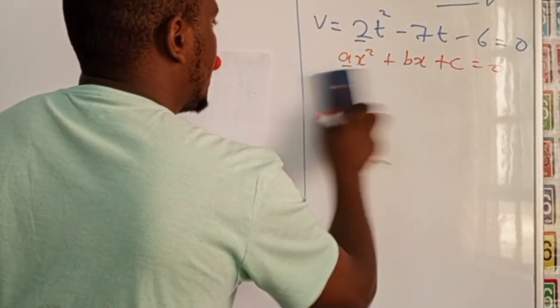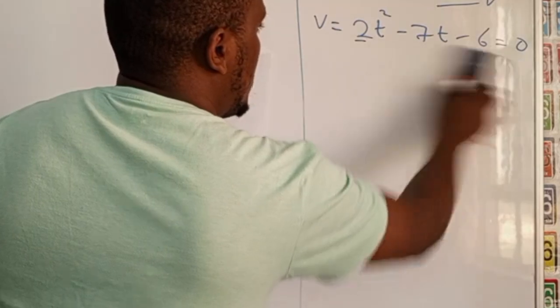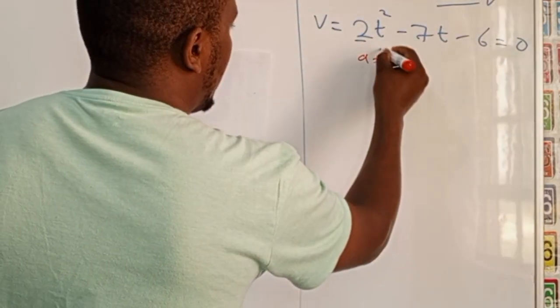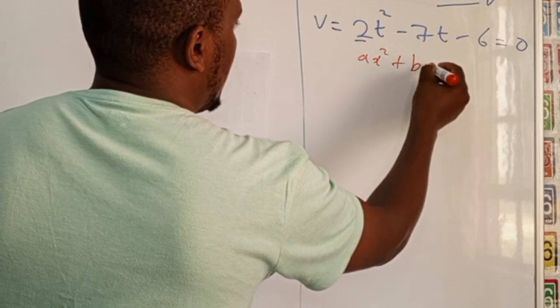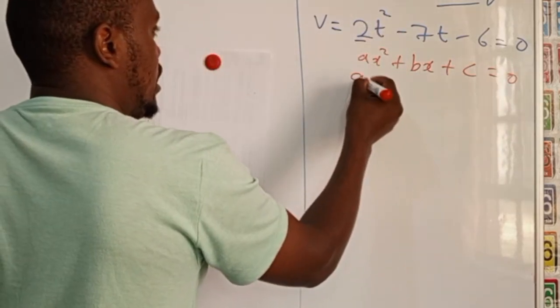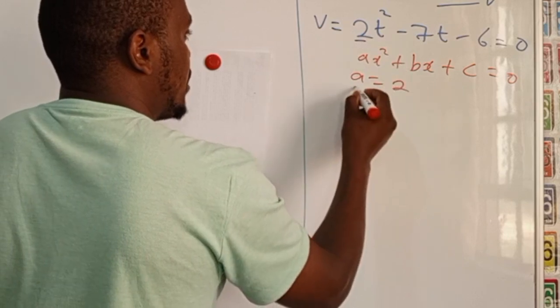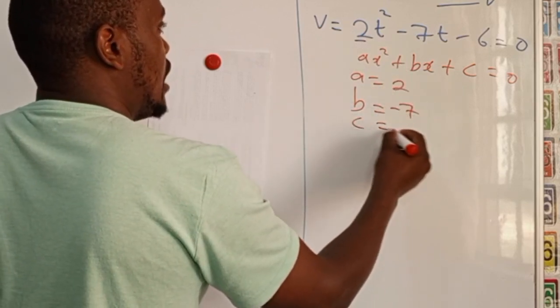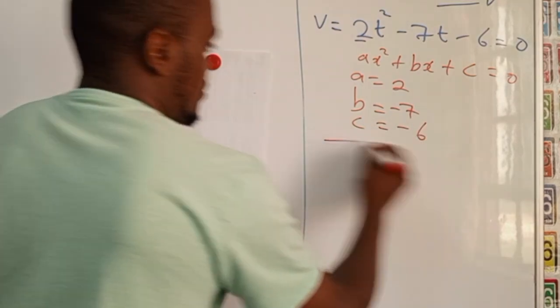So it is important to understand the quadratic formula. Again, this remains ax squared plus bx plus c equals 0. So what is our a? a is 2. What is our b? Our b is negative 7. And what is our c? Our c is negative 6.